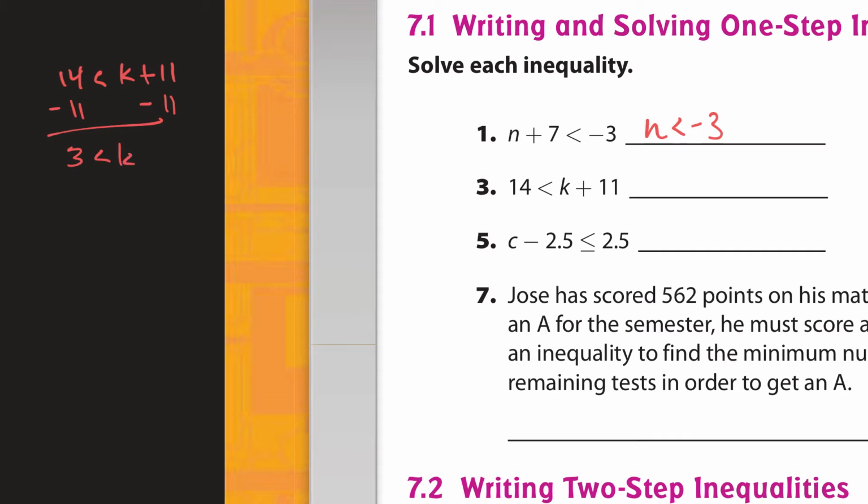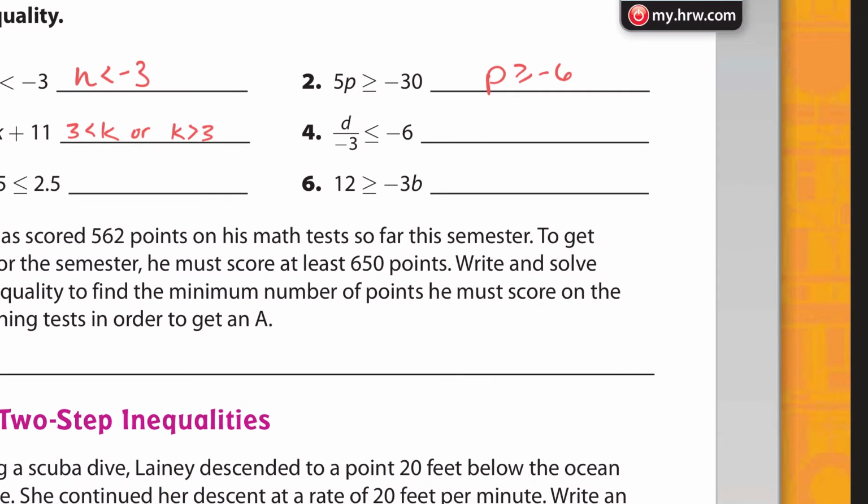It's less than k. So you would write it that way. 3 is less than k, or if you want to write the variable first, you would write k and then 3. And notice how it's open to the k. It's opening up there, so it has to stay open to the k, just like that. So either one works.